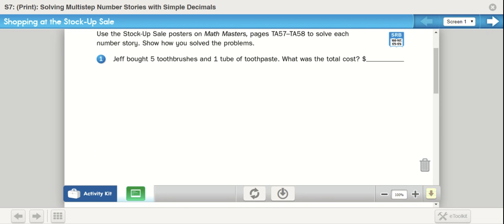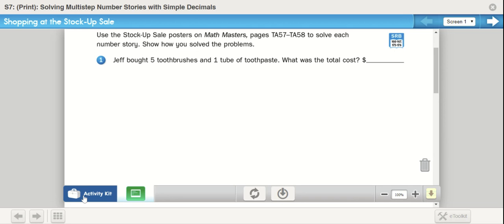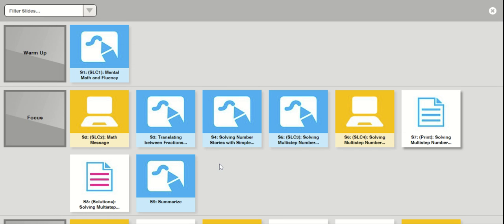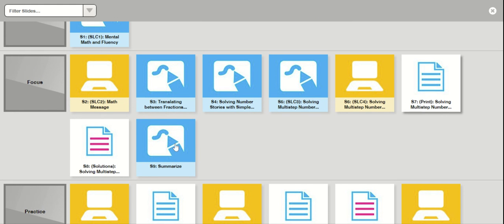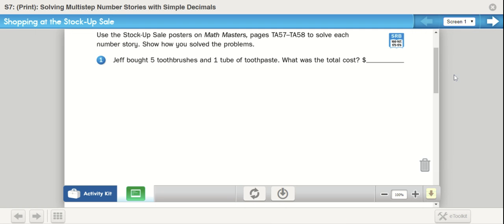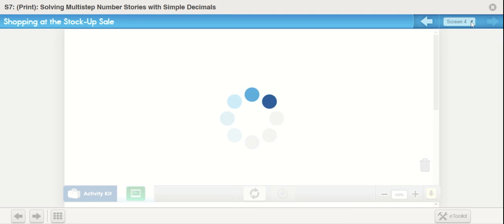So there's all kinds of room here for us to do this. We have to go to the sale prices, and we're going to look here at toothbrushes.